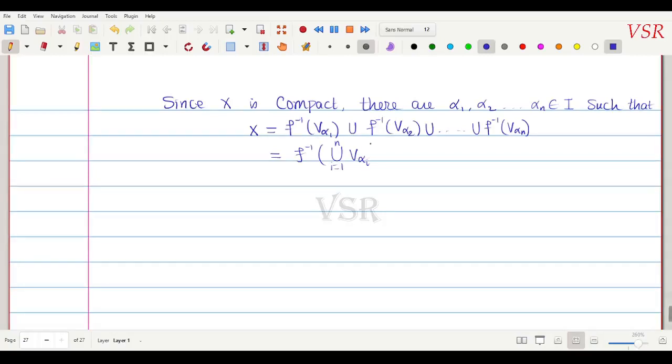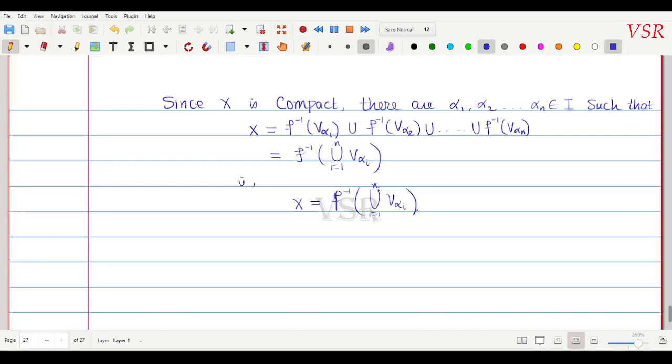This is easy to prove. Both are equal. அப்போ that is capital X, which is equal to f inverse of the union of i equal to 1 to n of V alpha i.